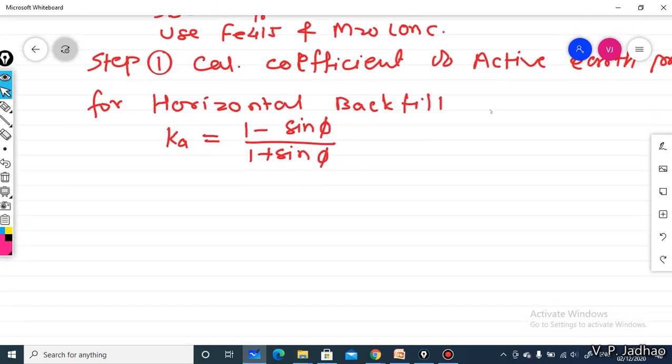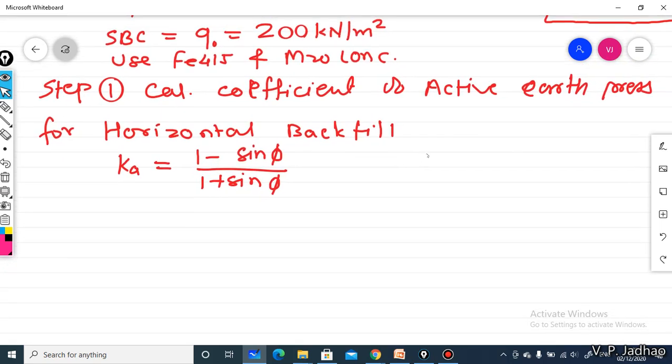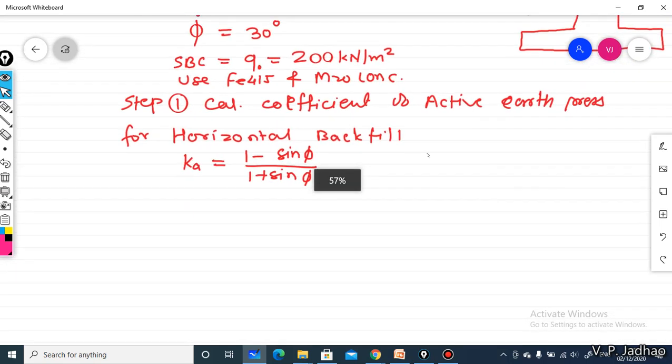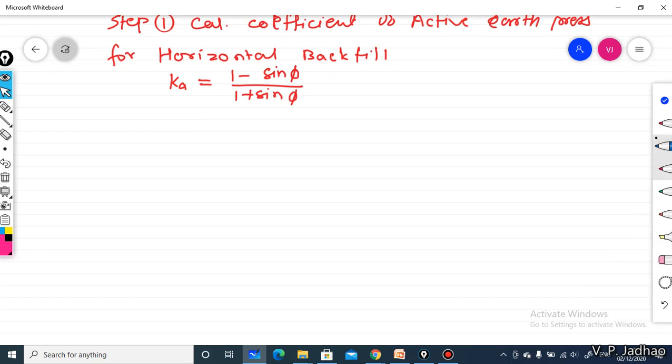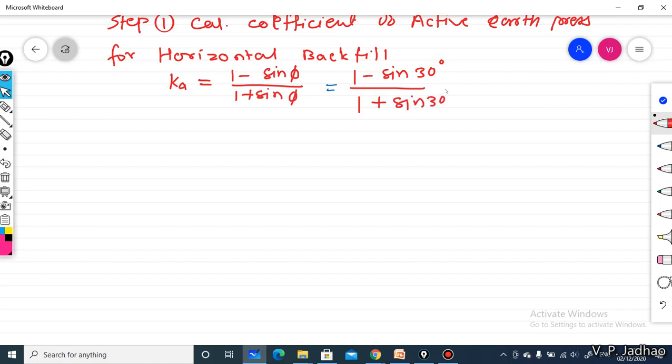So this is the formula used for calculating the coefficient of active earth pressure. Here phi is equal to 30 degrees, so 1 minus sine 30 degrees divided by 1 plus sine 30 degrees.